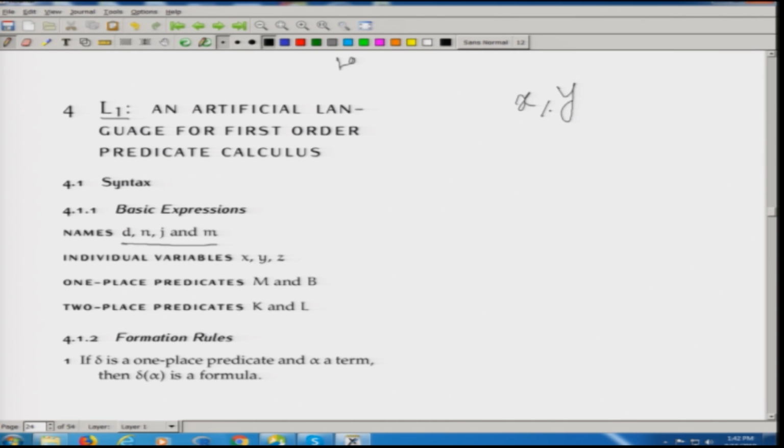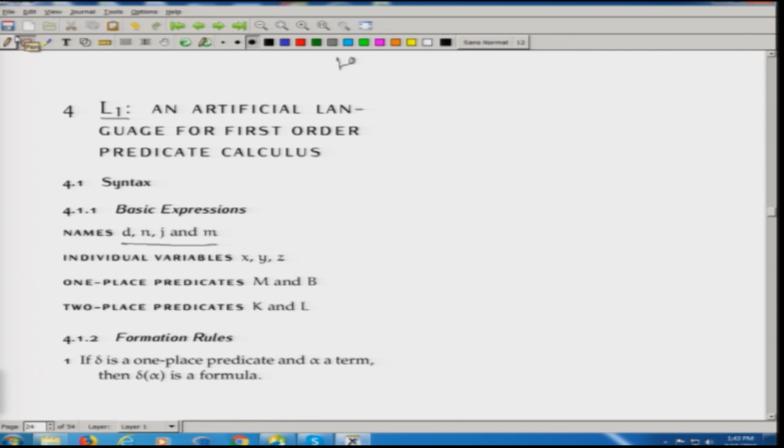So predicates here are all constants: M, B, K, L. We do not have anything like P or phi that works as predicate constants. If we had, then it would be a higher order logic. Since we do not have such things, this is first order logic. But that is fine. After learning the first order semantics, we can go to the higher order semantics.